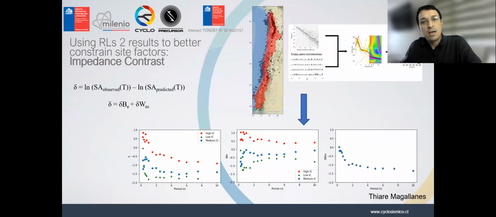Tiare Magallanes is working on impedance contrast. For that, she used a few stations where we have very well characterized shear wave velocity profiles, that's including the rock that underlies the sediments profile.